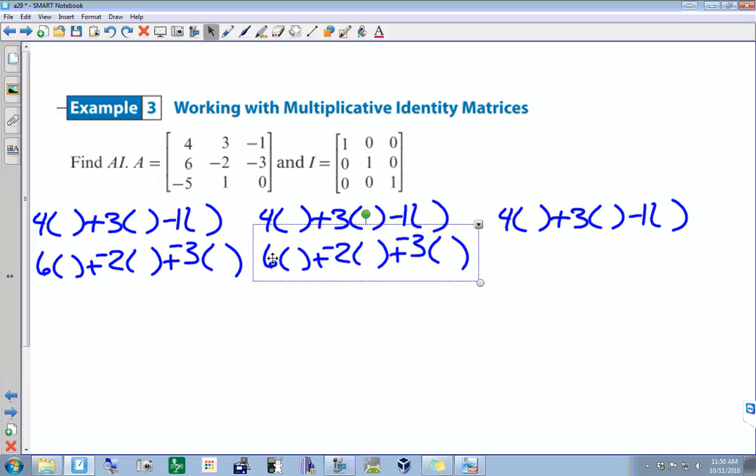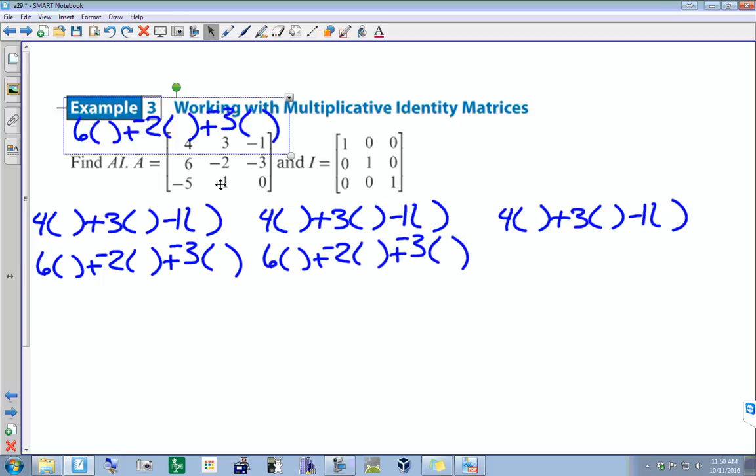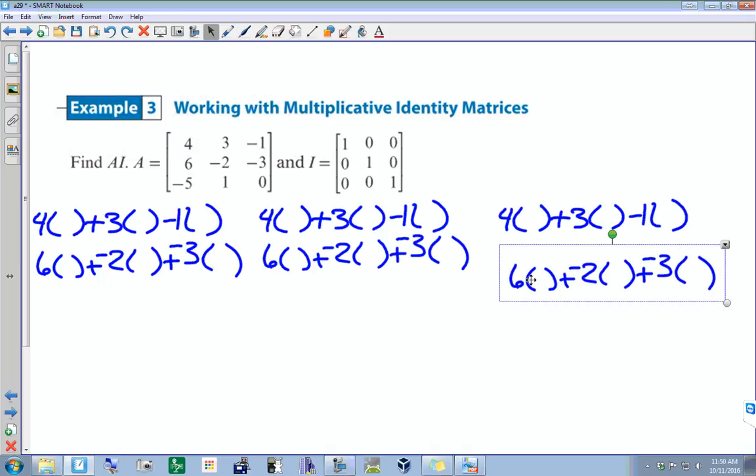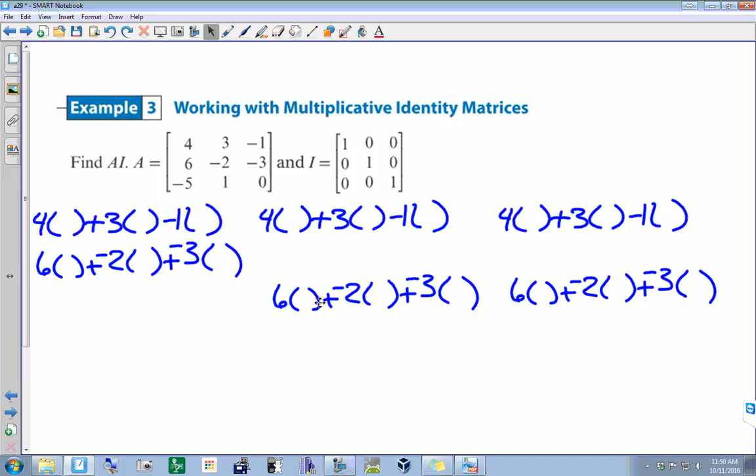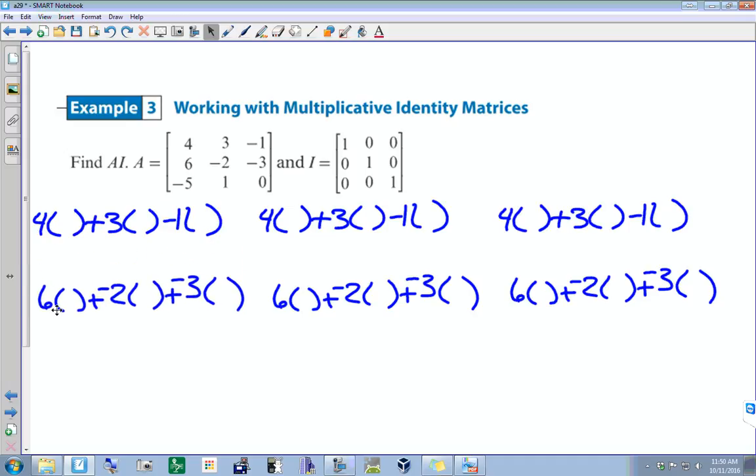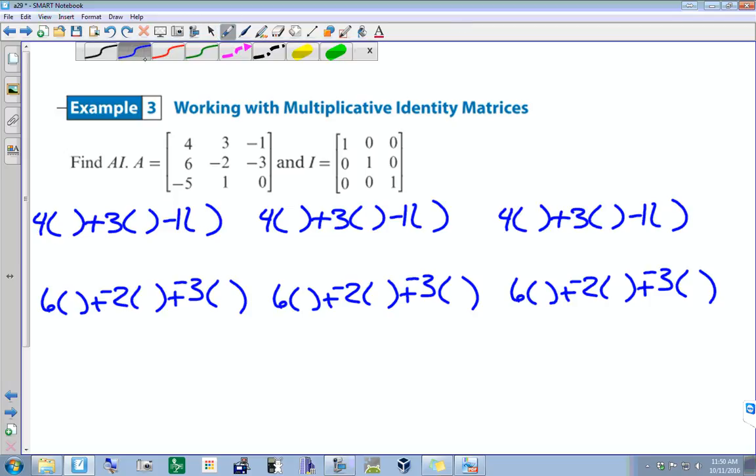I'm going to give myself a little room to work with so that when I do the calculations, I have a place to go. And now I've got the last set of 3, plus 1 times plus 0.